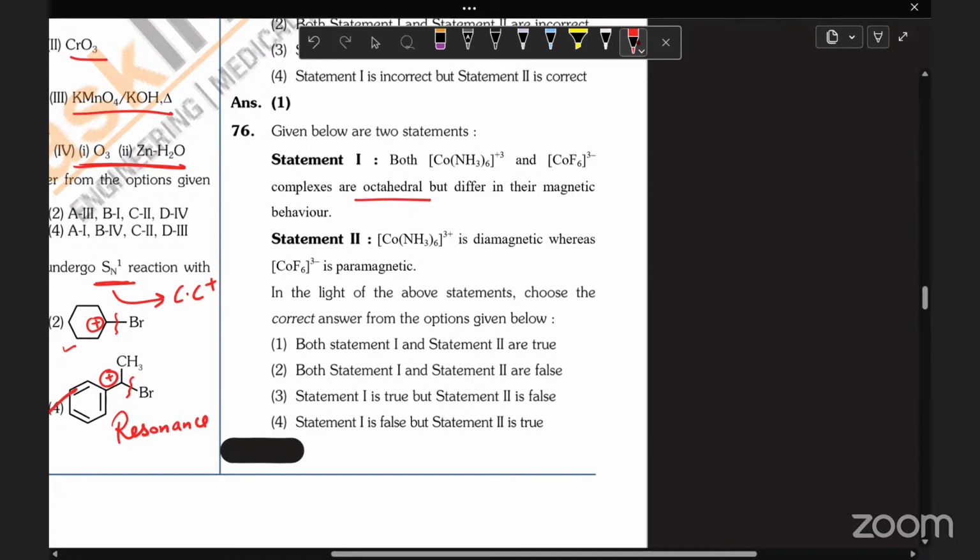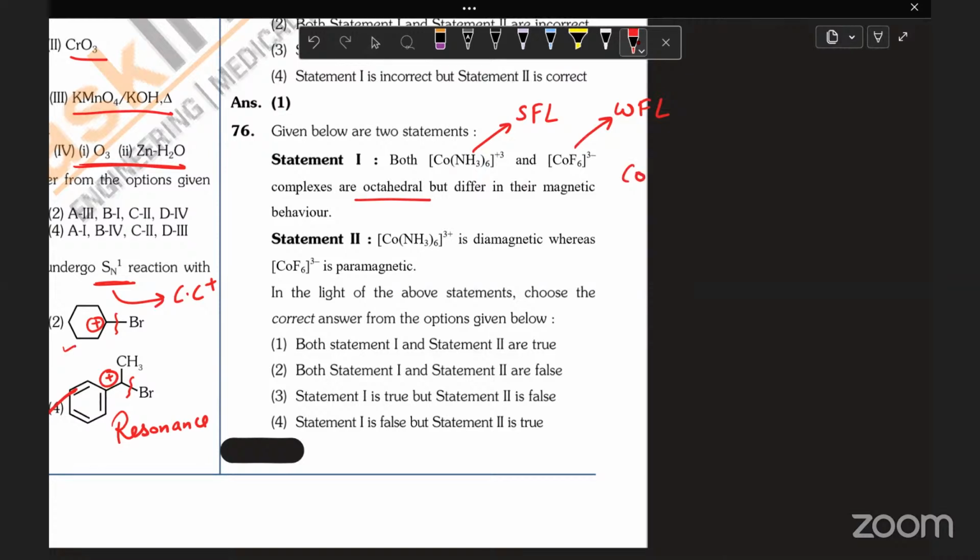Cobalt with ammonia is a special case, in the +3 oxidation state. NH3 will act like a strong field ligand, whereas in [CoF6]3-, fluorine will act like a weak field ligand. A strong field ligand prefers pairing of electrons, and that's why they'll have different magnetic behavior. Fluorine, a weak field ligand, won't prefer pairing and the electrons will remain as they are.